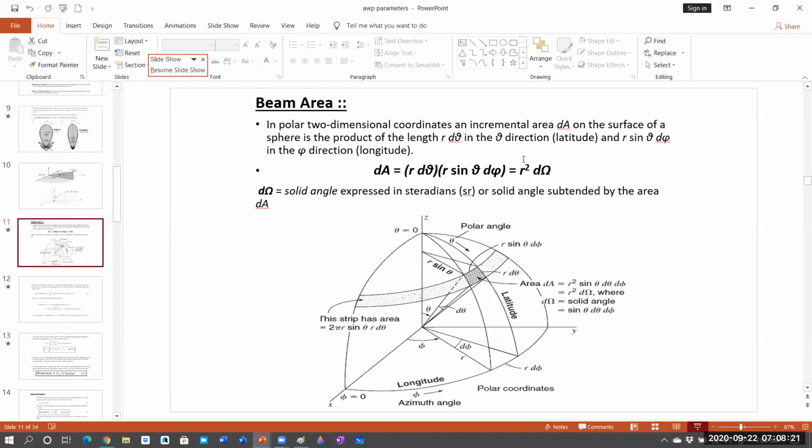In the three-dimensional structure, one is represented by phi, 0 to 2 pi, and the other, theta, 0 to pi.